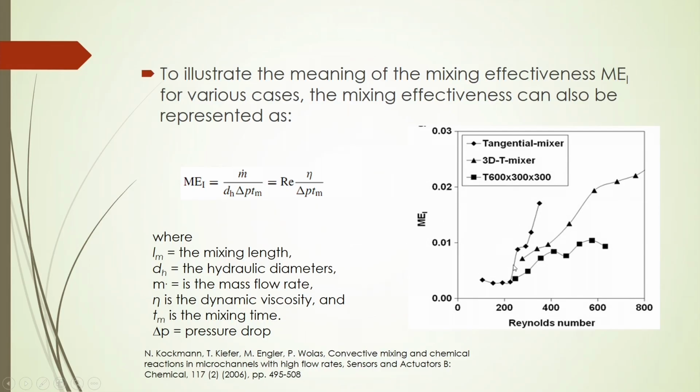But you will see, as per the figure shown, that the 3D T mixer will give relatively less mixing compared to the tangential mixer if your Reynolds number is kept constant. So, different mixedness factors will give you an assessment of the mixing efficiency of the channel.